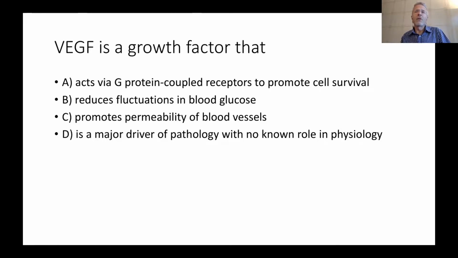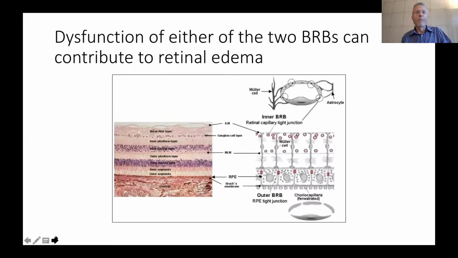Here, for VEGF, even one allele deletion is incompatible with embryogenesis, meaning that even a 50% reduction in the level of VEGF during embryogenesis causes the animal to die. So it is important for physiology.